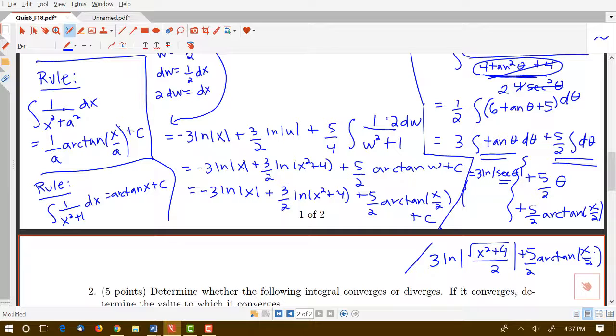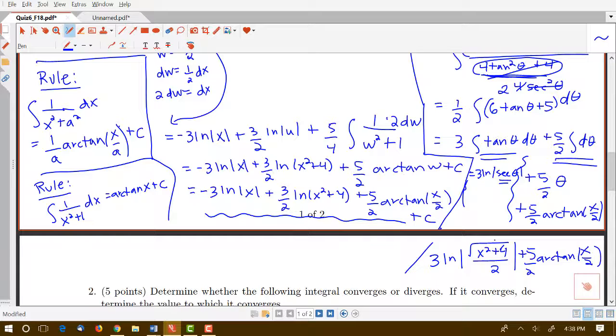So how does this compare to what we found over here? Well, we see the 5 halves arctan x over 2 is the same. This 3 log of the square root of x squared plus 4 over 2, we can show we're going to get something like this by using some log rules. Notice that log of a quotient will be log of the numerator minus log of the denominator.